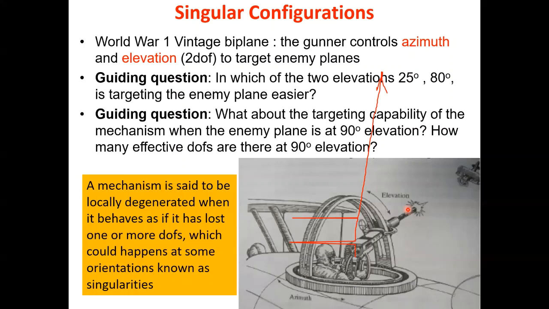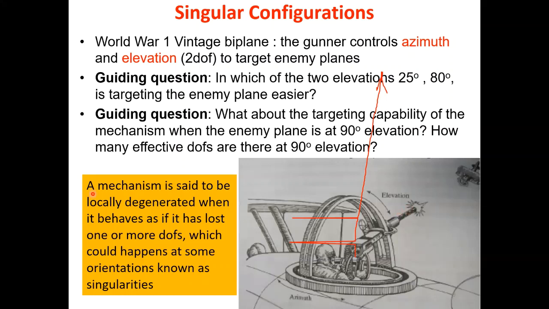Because even though you control your azimuth, nothing happens to the direction where the gun is pointed at. Losing one or few degrees of freedom is the result, right, if you are in a singular configuration.